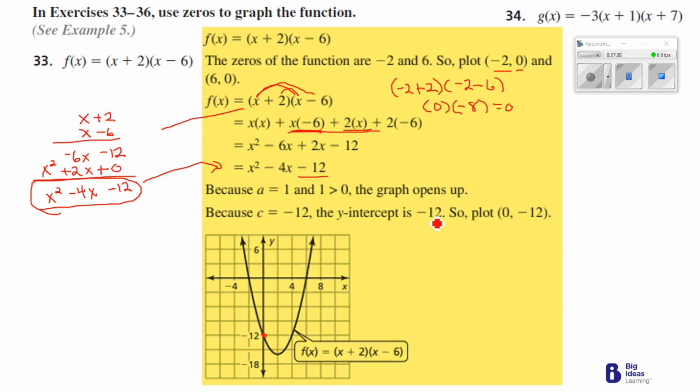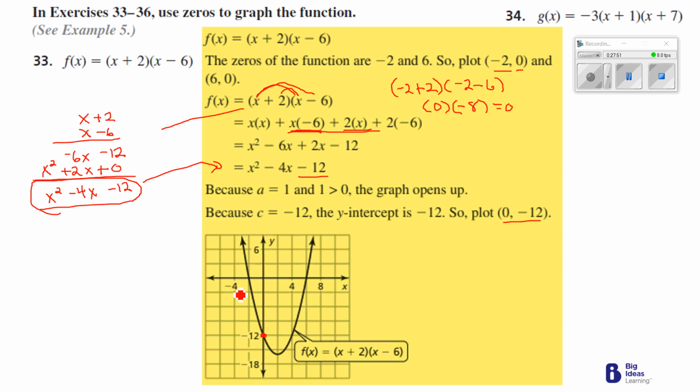The y-intercept is negative 12, so we can plot 0 and negative 12 together, right? So let's see, we've got 0 and negative 12. Remember we said the, let's see, 0 and negative 12, we're going to pop in right here.